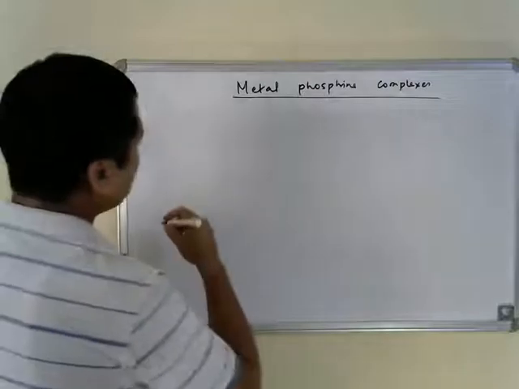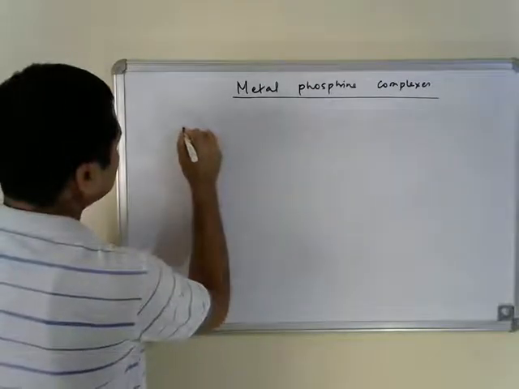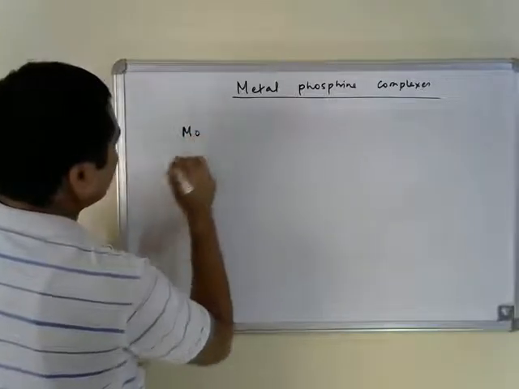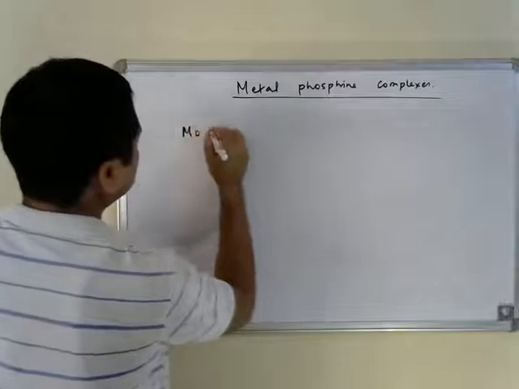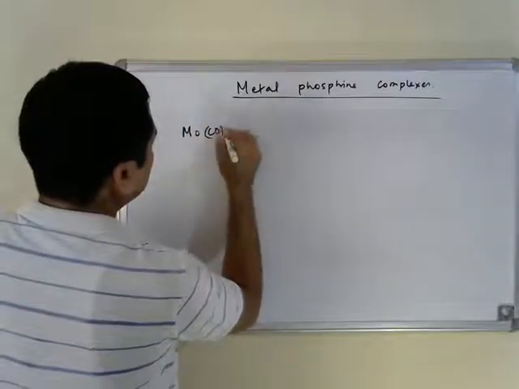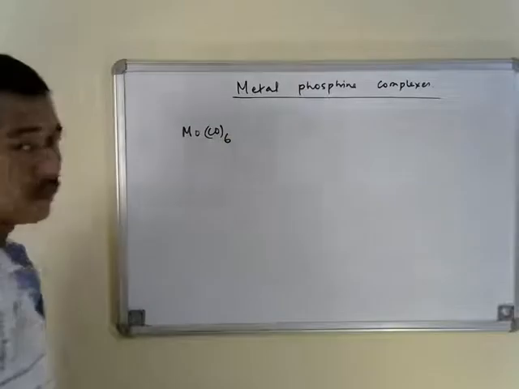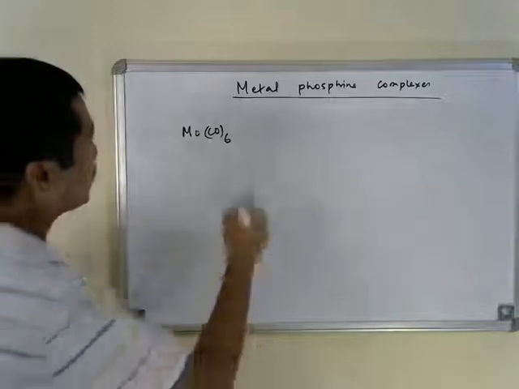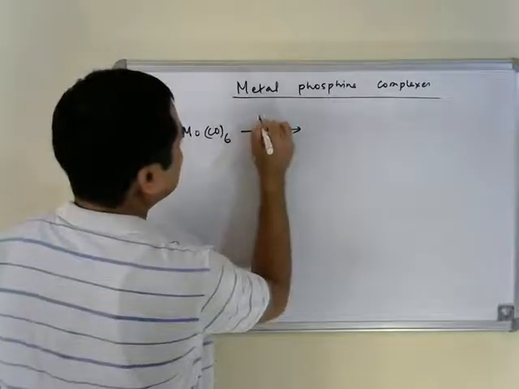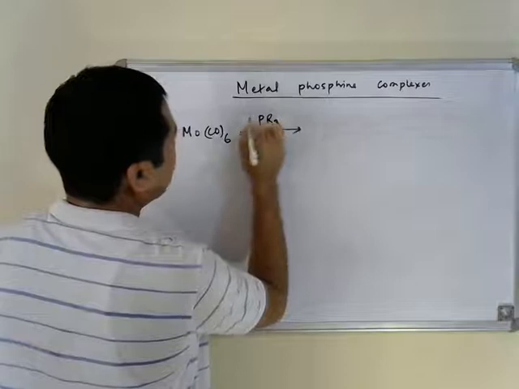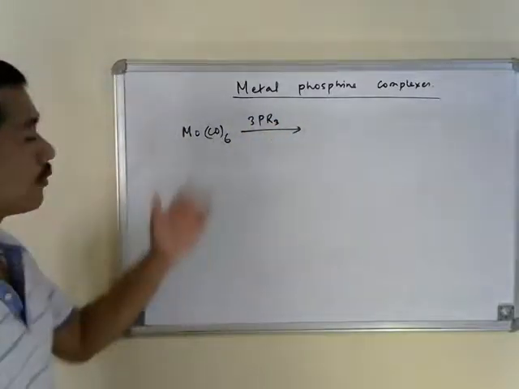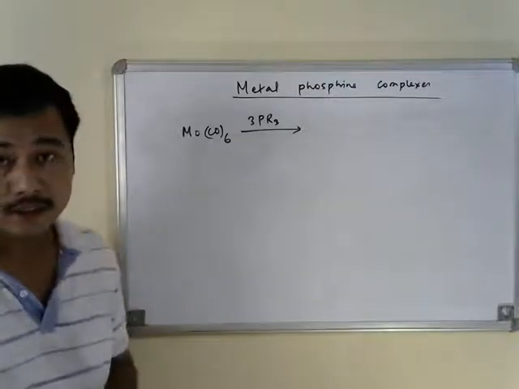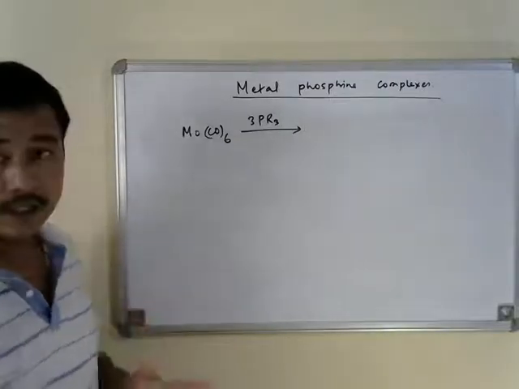So for example, if you take molybdenum hexacarbonyl, Mo(CO)6, and then do a substitution reaction of these carbonyl ligands using a phosphine ligand, that is, if we prepare Mo(CO)3(PR3)3, we can replace 3 of the carbonyl ligands by 3 phosphine ligands if the phosphine ligand is not sterically bulky or the cone angle is low.